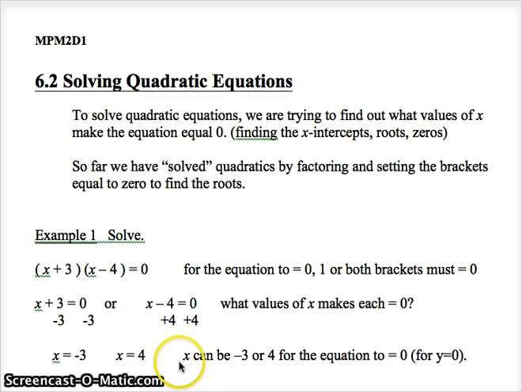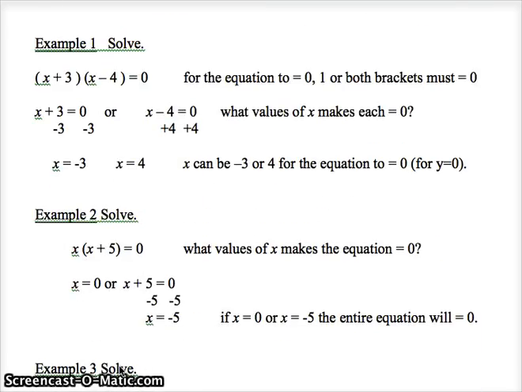So that meant we had two possible values, that x would be a negative 3 or a positive 4 for the equation to equal 0, so for our y value to equal 0. Either value of x would make 0 times another bracket, so therefore we would equal 0. That's the key thing, that we could have two x values. And if you think back to your parabolas, we could have two x-intercepts.